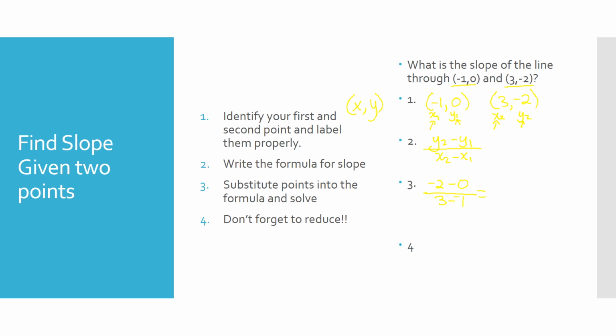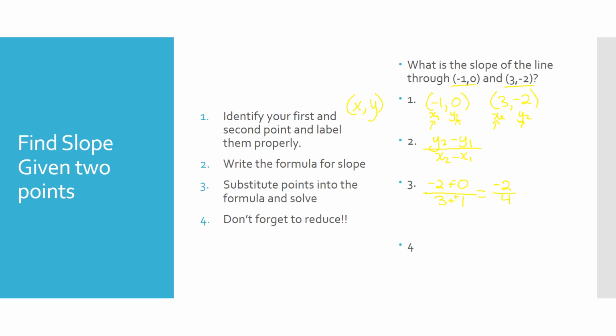We have to really pay attention to our rules for positives and negatives here. -2 minus 0, you can't have -0, is -2. But if we look down here, this is minus a negative, so we change it into adding. 3 plus, we add the opposite, which would make it positive, so this is over 4.